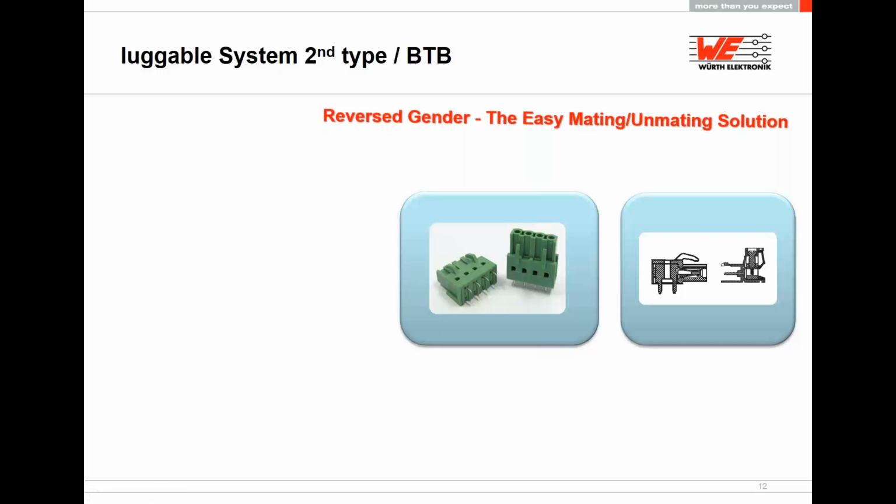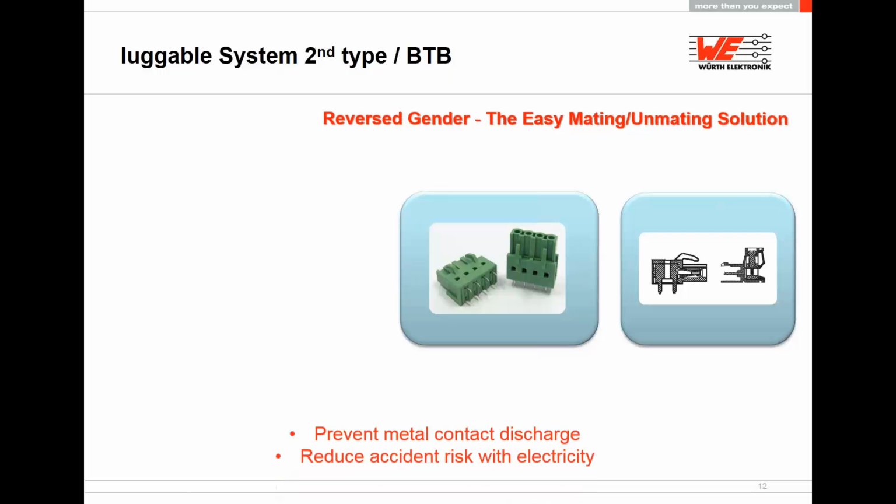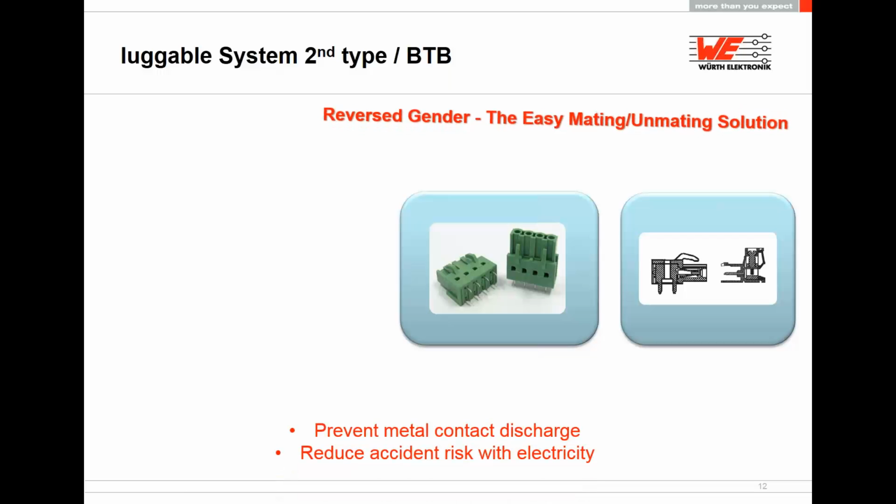For safety, the power comes from the side on the left, because the pins are exposed and anybody can touch them. As you see here, it prevents metal contact discharge and reduces accident risk with electricity. And this application could be used for board-to-board application.